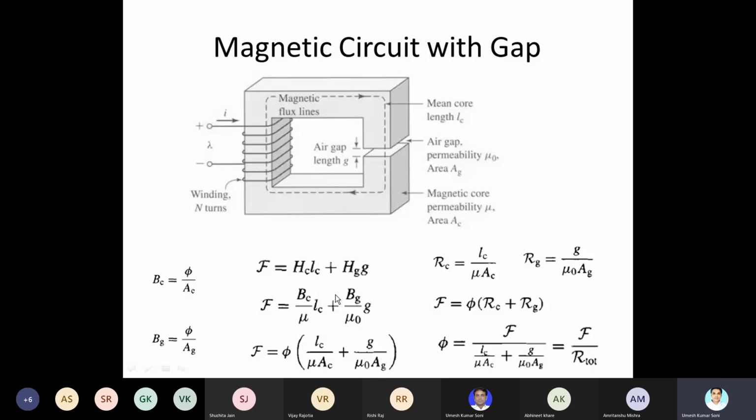Now if we replace BC with phi upon AC, the area of the flux passing through this magnetic material, then BG will be phi upon AG. AG means the air gap area, the area that the air gap presents.